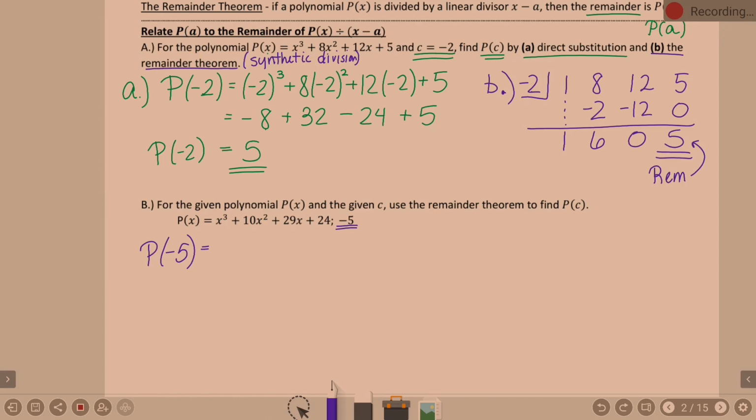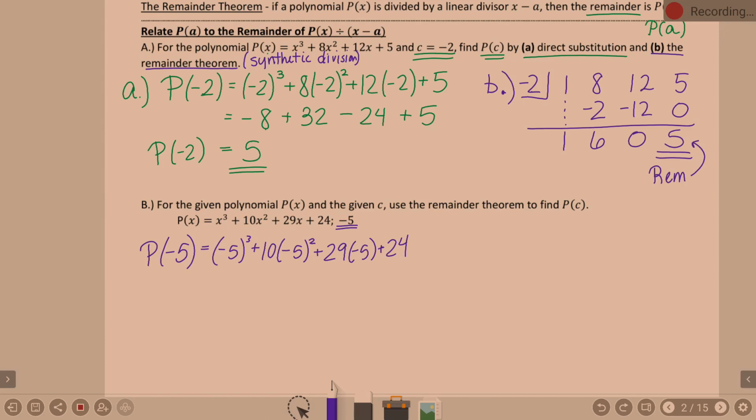You can. Negative 5 to the third plus 10 times negative 5 to the second plus 29 times negative 5 plus 24. Is that the route you want to go? I don't know. Maybe it is, maybe it isn't. If that's not the route you want to go, what's the other option?